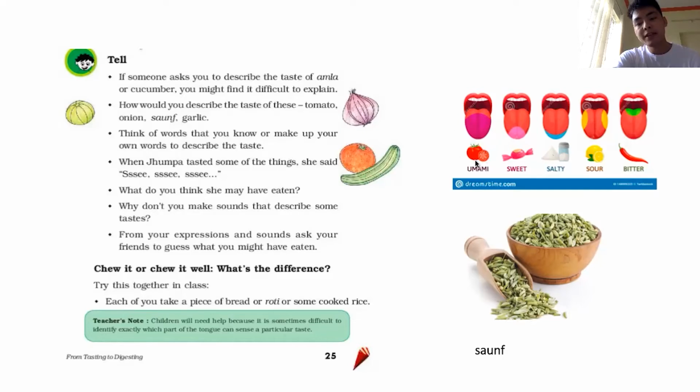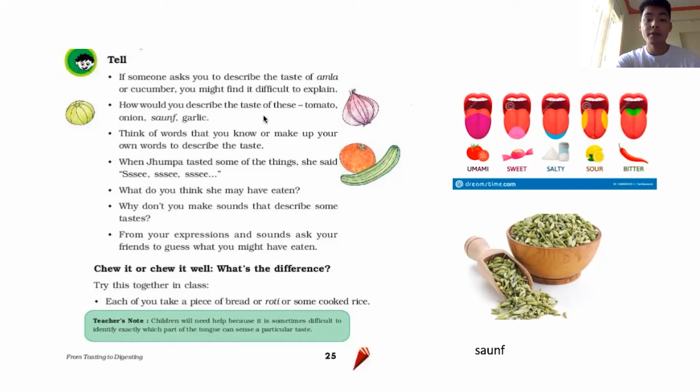It consists of all the tastes. We usually call it savory taste.